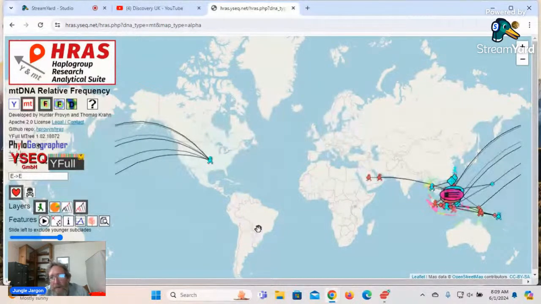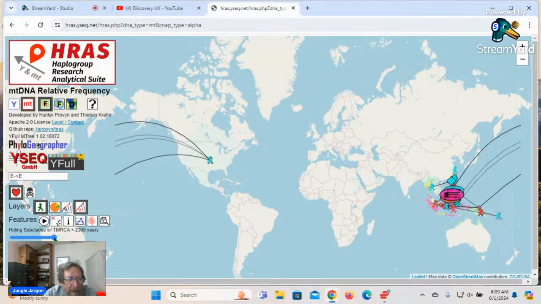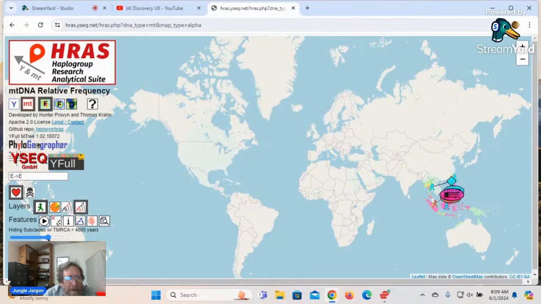So this is the Eurasian mitochondrial E crossing over, it looks like through Alaska. So we'll go back in time, see how old it is. 5,000. See, it's not as old. Maybe 5,000. It's 4,300, 4,500.